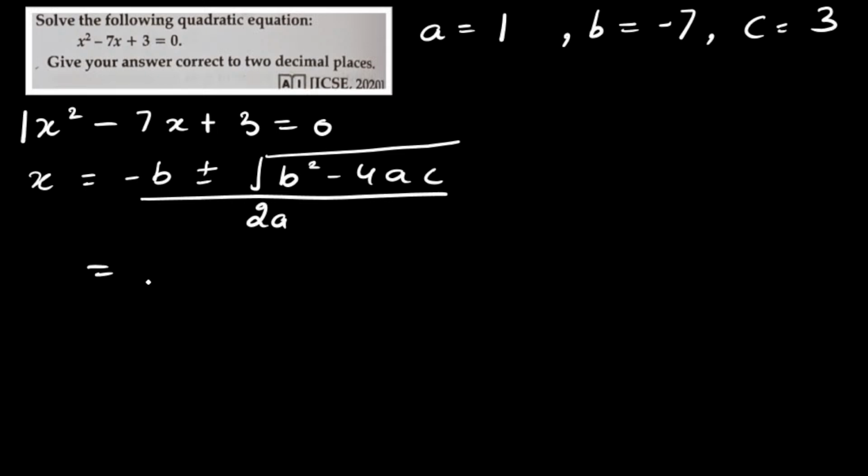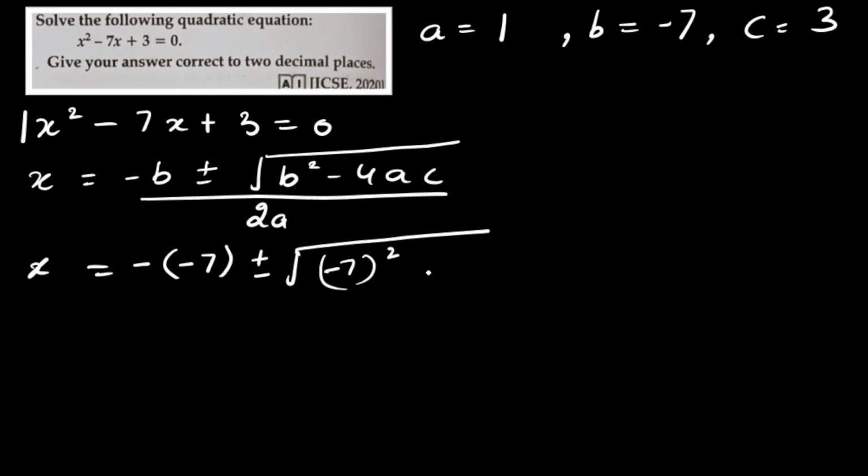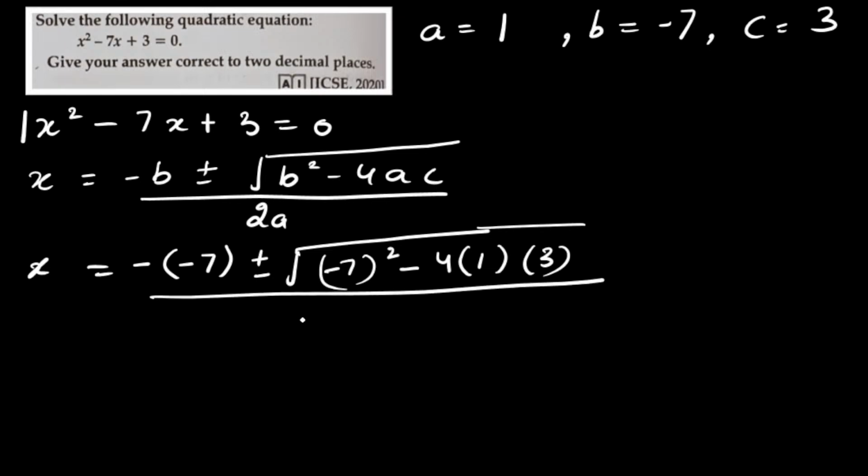Very good. Let's now substitute the values of a, b, c and find the solution. Minus b is minus of minus 7, because b's value is minus 7, plus minus the square root of b square, that is minus 7 whole square, minus 4 into a, a is 1, into c, c is 3, by 2a, 2 into 1. Minus and minus will cancel, so 7 plus minus.